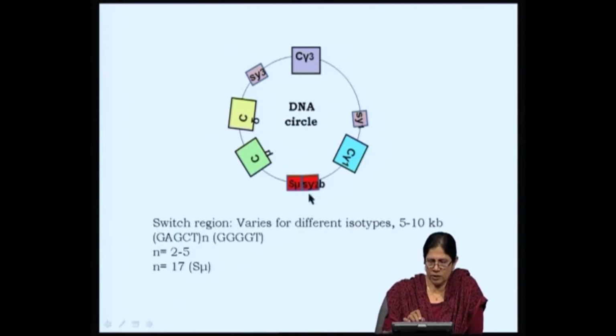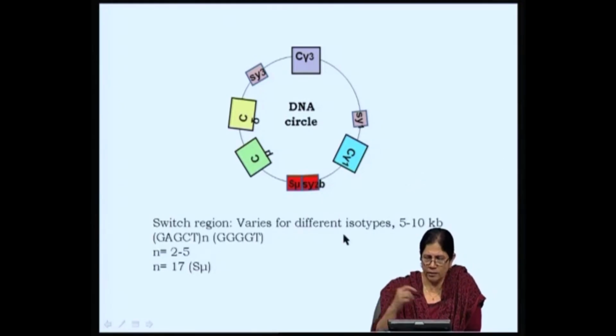Now, the switch region is seen between S mu and S gamma 2B on the rearranged DNA, and the part of it which is excised out is seen as a circle in the cells which are undergoing switch recombination. The joining would take place even in the excised one.